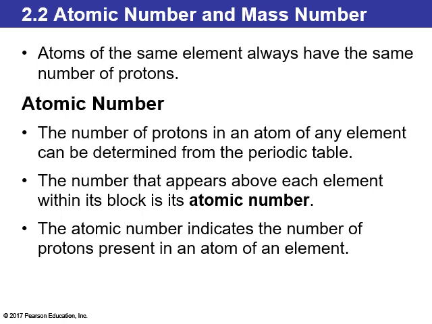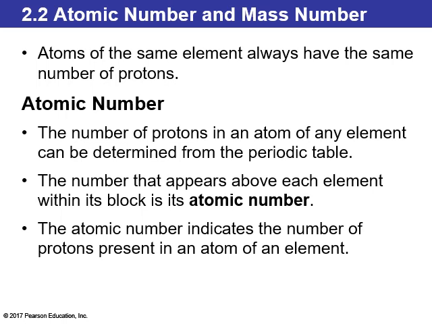Number 2 is helium. Helium has 2 protons. Lithium has 3, and so on and so forth. You can just go from left to right, top to bottom of the periodic table of the elements, and you'll see that the atomic number increases, and the atomic number is the number of protons. So atomic number and mass number are going to be 2 different things.